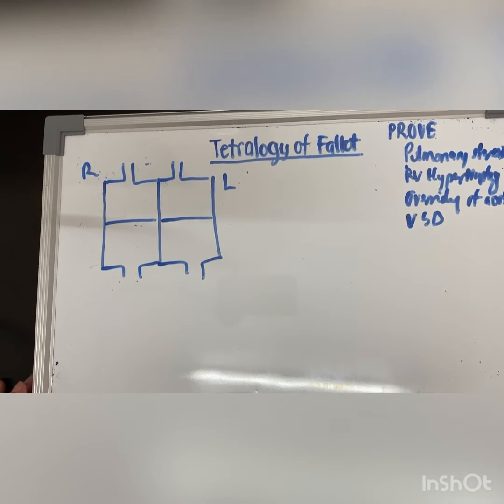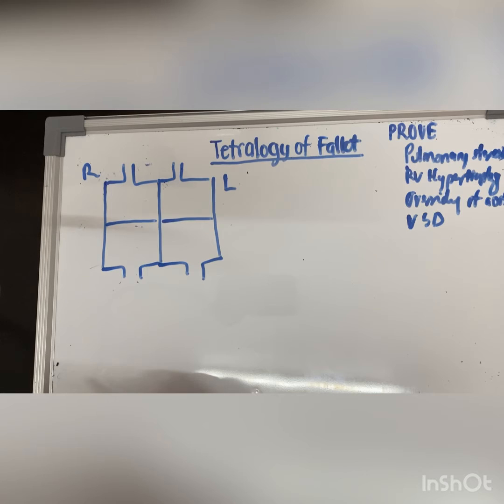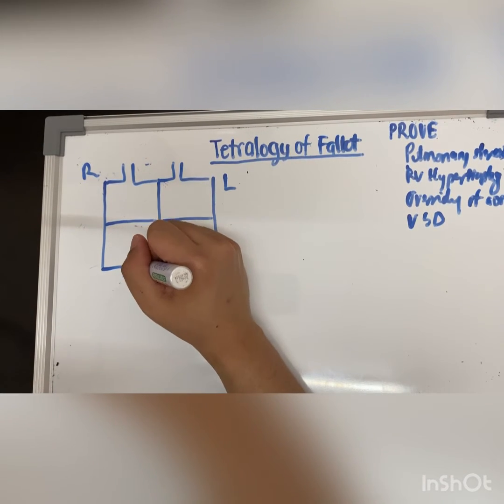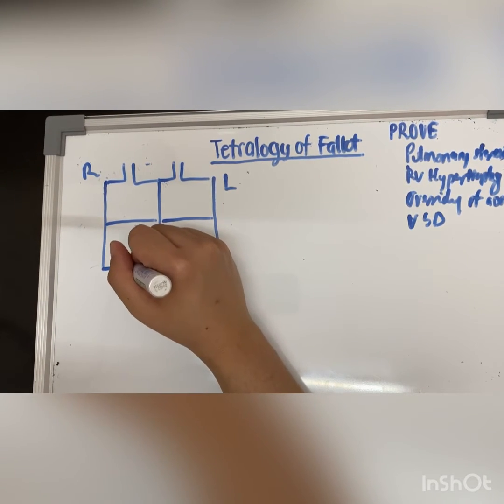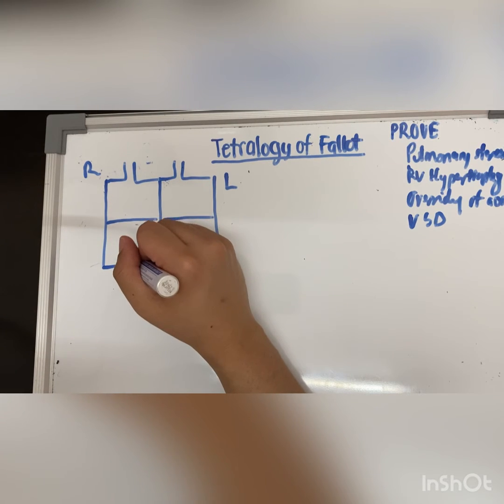So what happens in the Tetralogy of Fallot is that there is a stenosis at the infundibular part of the pulmonary. The stenosis can occur in the pulmonary artery itself, or at the subvalvular part, where it is at the infundibulum.